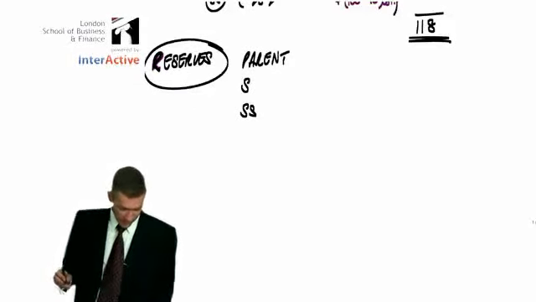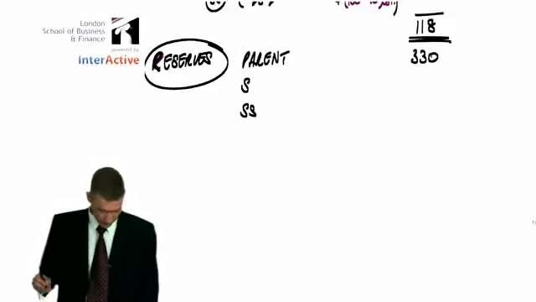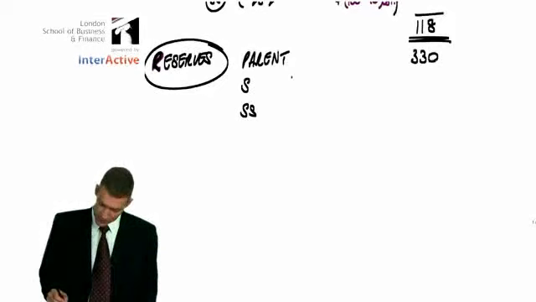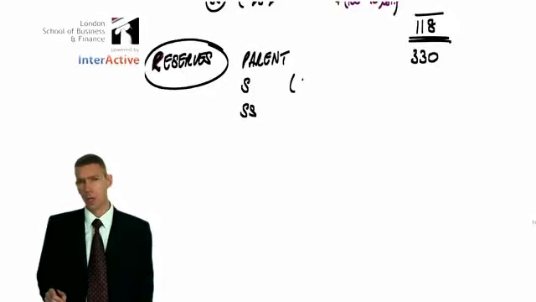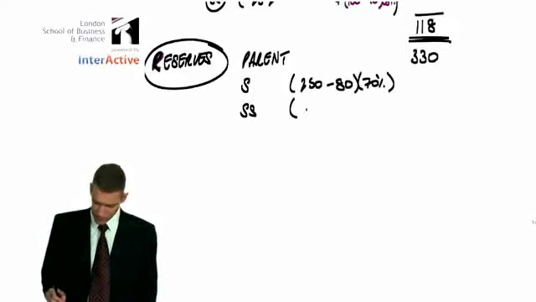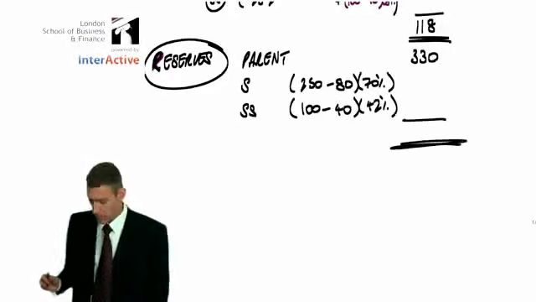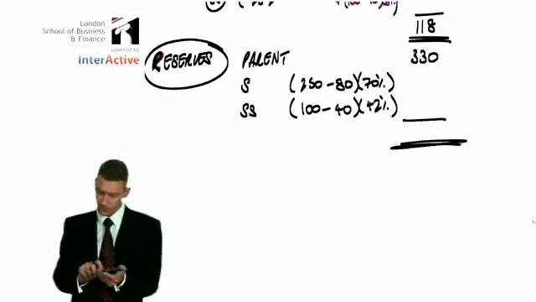So the parent profits in the parent bucket as at the year end are 330. The growth in the sub was, what was it again? Was it 250 minus 80? That rings a bell. Of which 70% is ours. And it was a growth up to 100 from 40, of which 42% is ours.